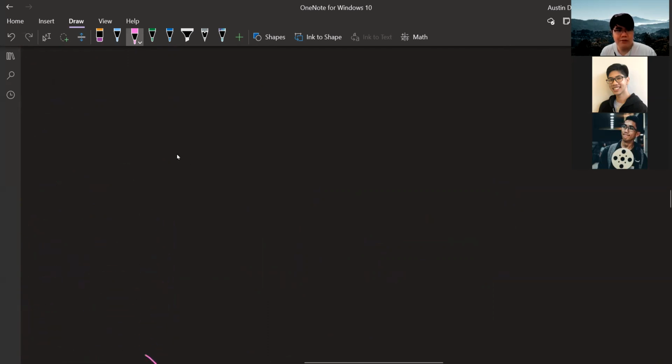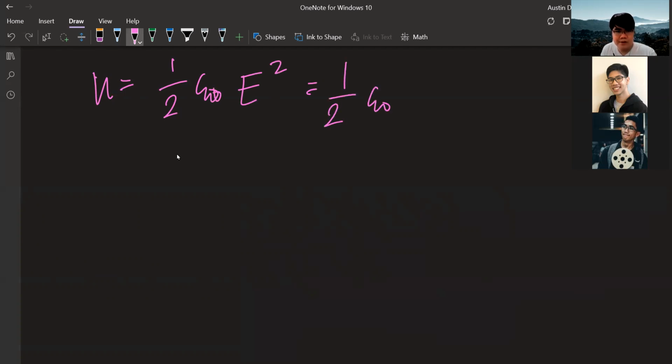So U is 1 half epsilon naught E squared. Sinolve natin agad si E. So alam agad natin siya dapat. So E squared is just E dot E, E vector dotted with E vector, dotted with itself.